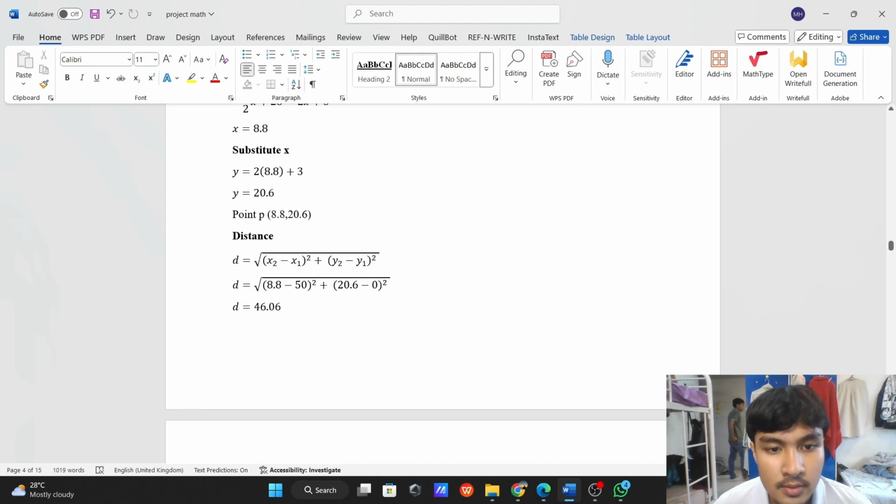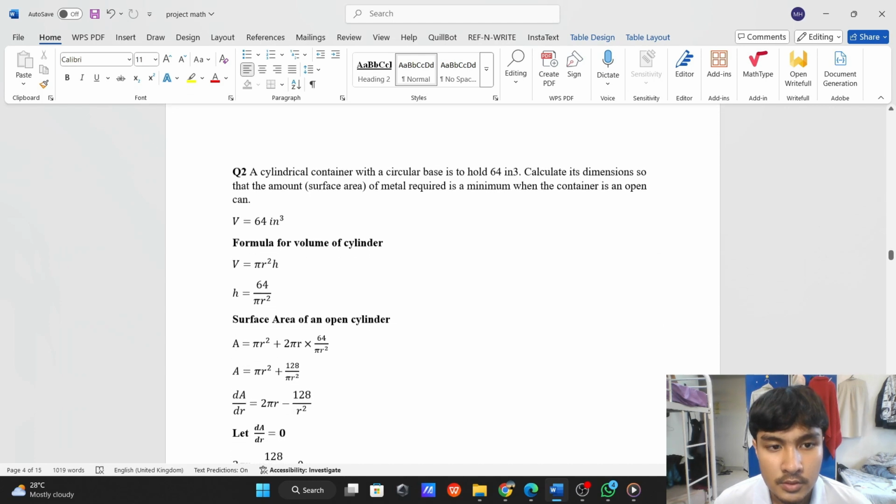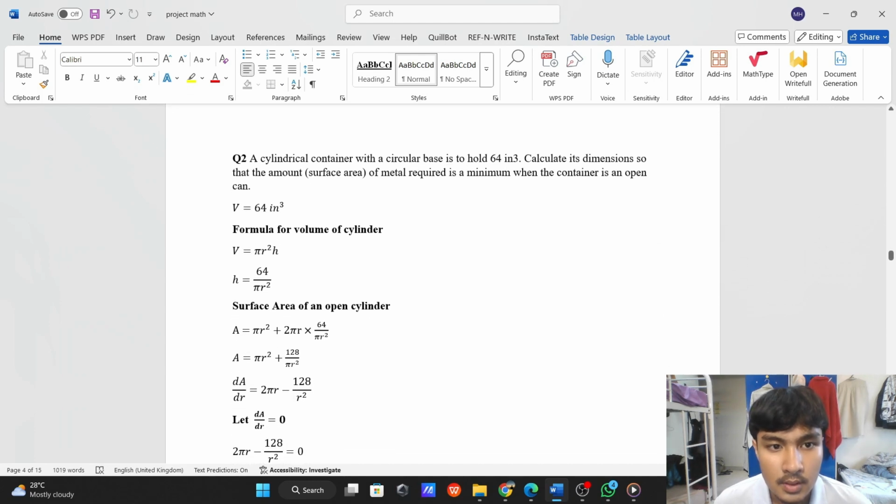For distance, we use the formula: square root of (x2 minus x1) squared plus (y2 minus y1) squared. We got the answer for distance, 46.06 units.